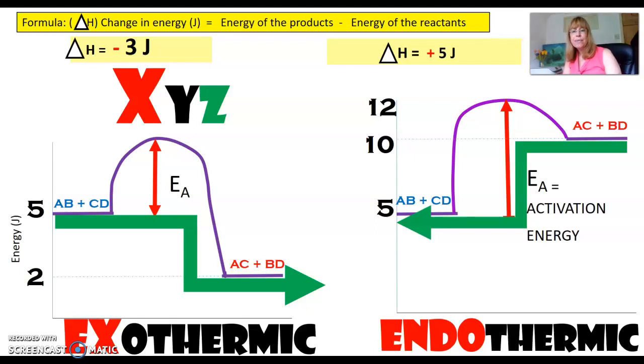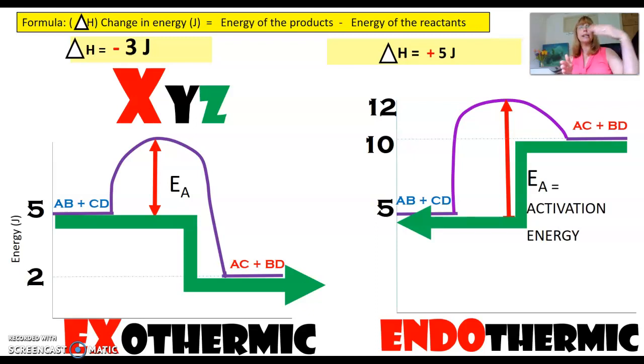The other thing is with an exothermic reaction, the change in energy is minus. And in the word exothermic, there is a cross. Like if you get something wrong, you get a negative mark or a minus. So that always helps me to remember that if the change in energy is minus, it's an exothermic reaction.